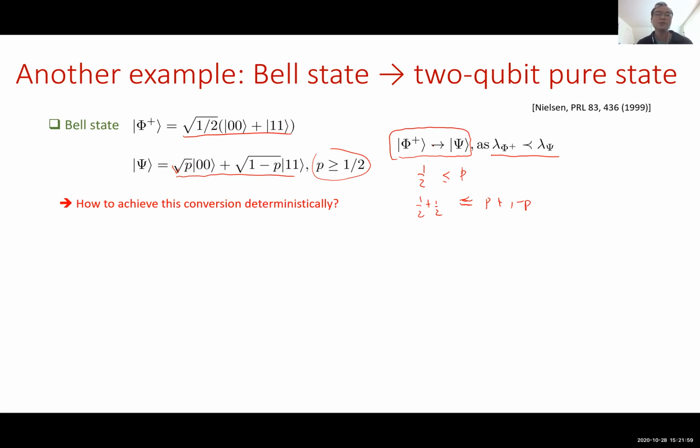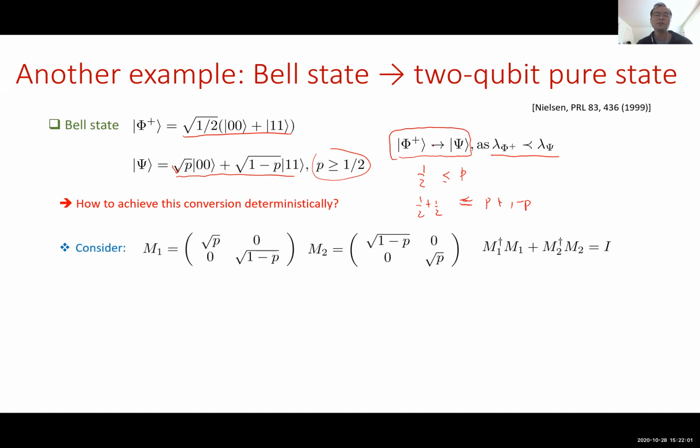So you need to use quantum operation. Remember we discussed this in the noise channel, right? Let me just remind you. We have some noise channel, and we have general quantum operation, and they satisfy a condition like that. But we can do this on purpose, right?